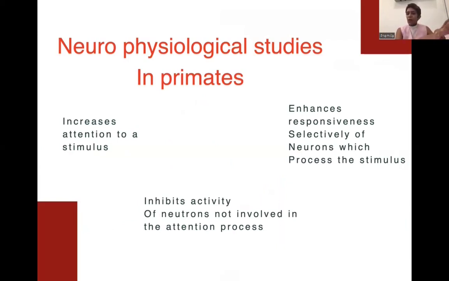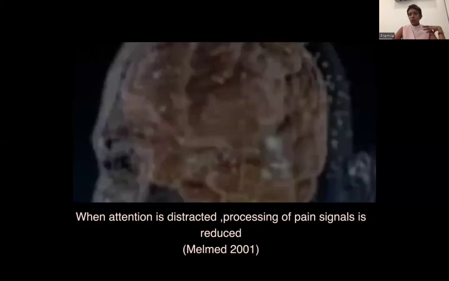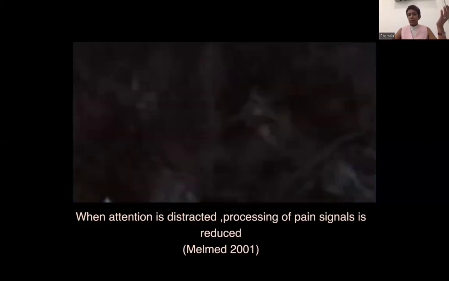At the same time, the other neurons are inhibited, and so the pain or discomfort is not felt as much. Third is similar to what we do even while giving LA. We apply pressure somewhere so that the prick is not felt. It works on a similar principle. When the attention is distracted, processing of the pain signal is reduced.